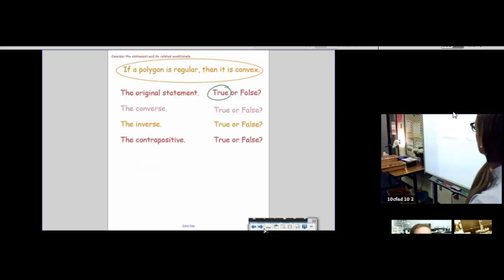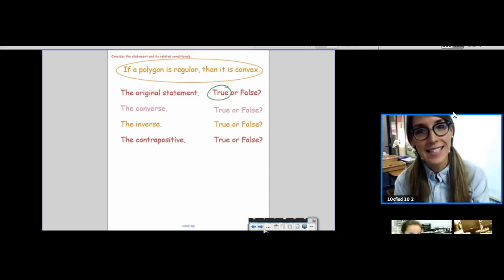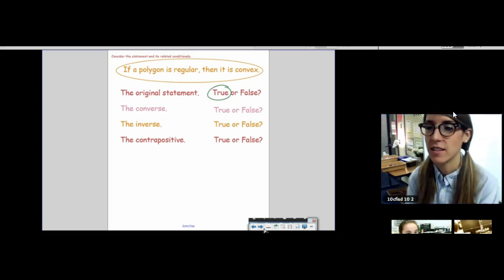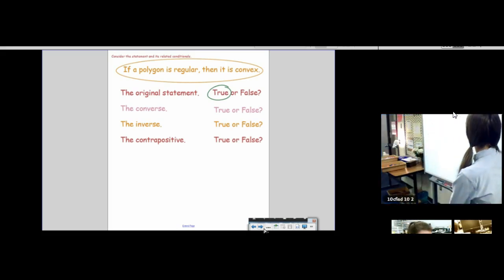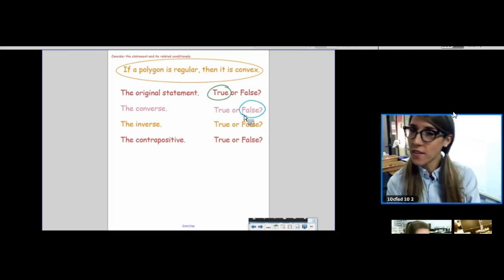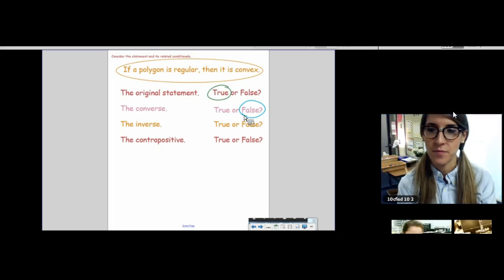So that's true. What about the converse? If a polygon's convex, then it's regular. Is that always true? Good, Jane, good. I can have many, many polygons that are convex, but they're not regular.